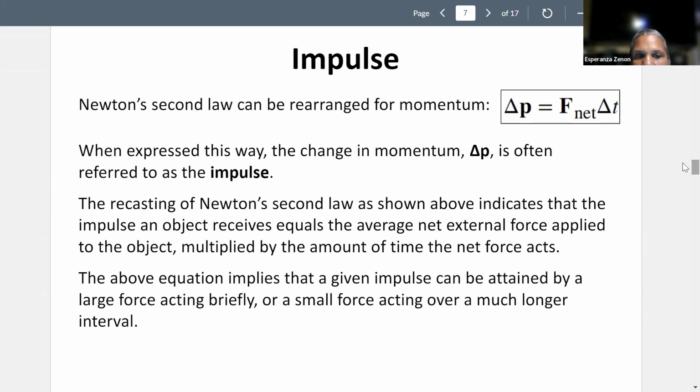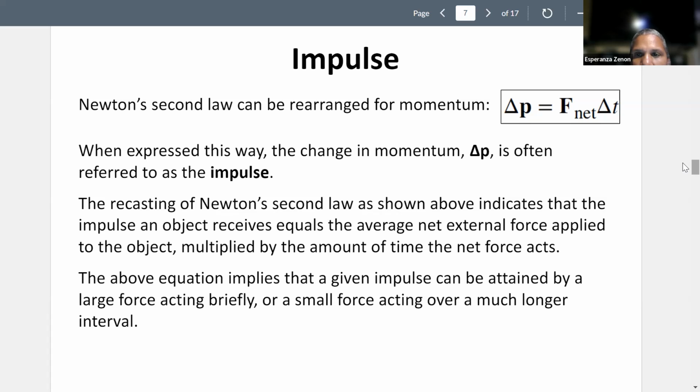It explains here that the impulse is equal to the net force times the change in time. So you apply a force for a certain time interval, and that produces what we call an impulse, okay?